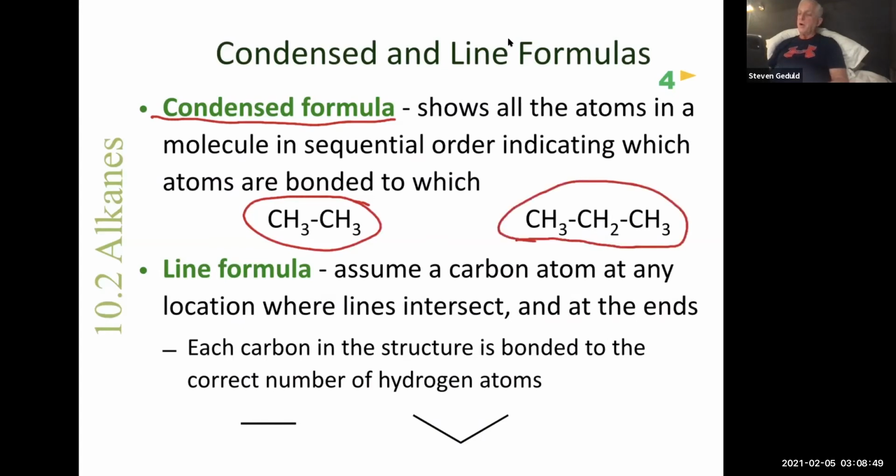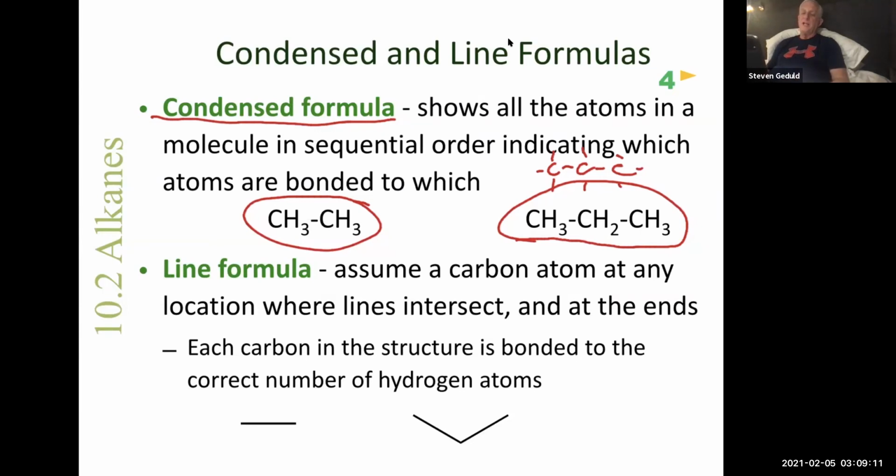All that means is the carbons are connected and your hydrogens are 3, 2, 3. But you condense that down into one line. When you write it out in one line, you don't show the branches.